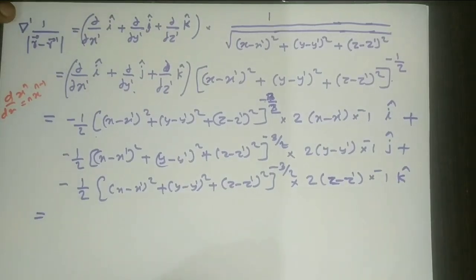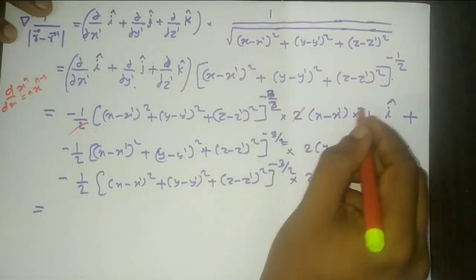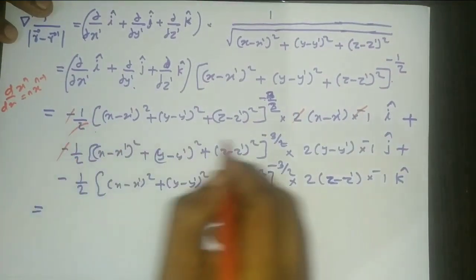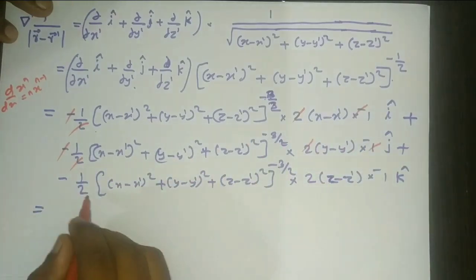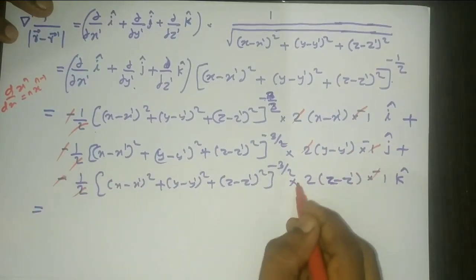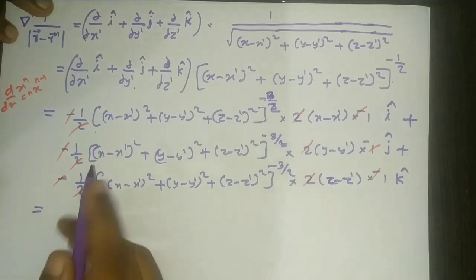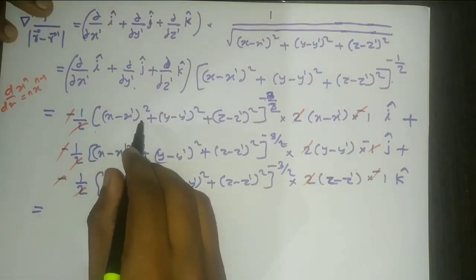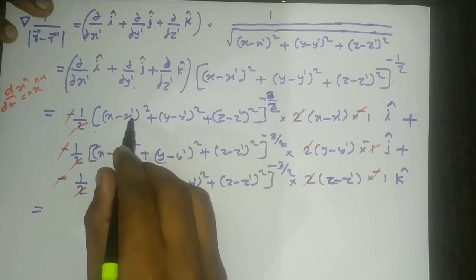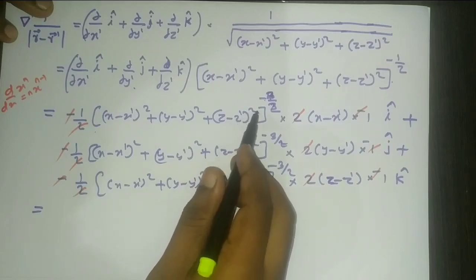Okay, now here these two will cancel, this minus will cancel, this minus will cancel, and this 2 and this 2 will cancel. Here also this minus cancels, 2 and 2 will cancel. Now if you write this equation, this quantity is common: [(x − x')² + (y − y')² + (z − z')²] to the power minus 3/2.